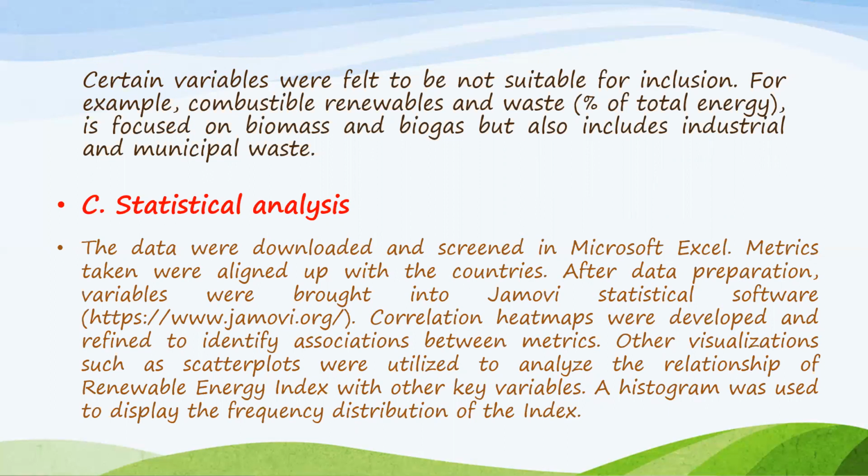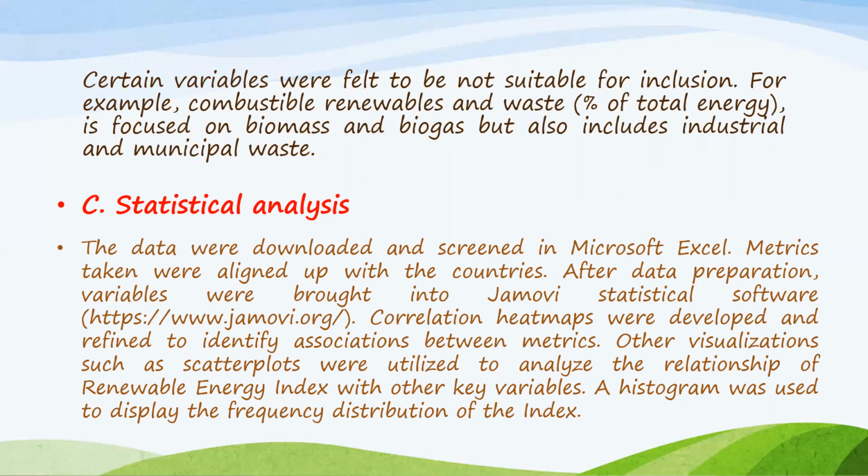The third method is statistical analysis. The data which we downloaded was screened in Microsoft Excel. Metrics taken were aligned with the countries. After the data preparation, variables were brought into Jamovi statistical software.